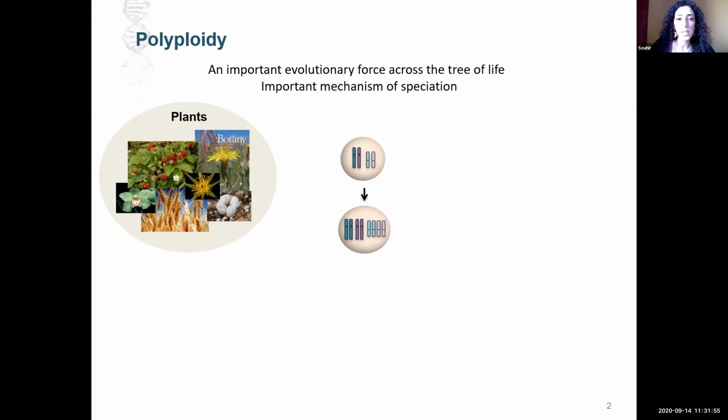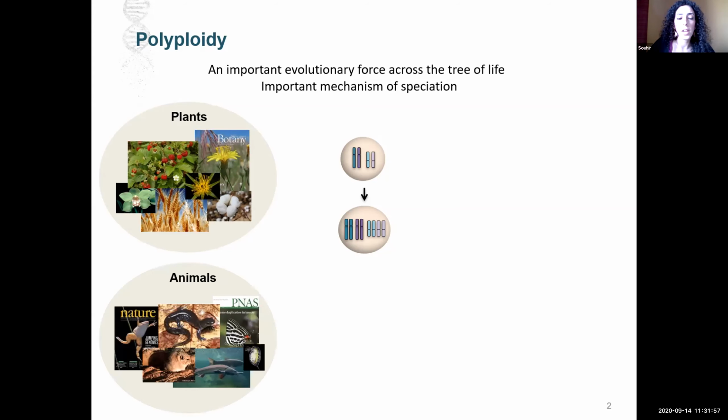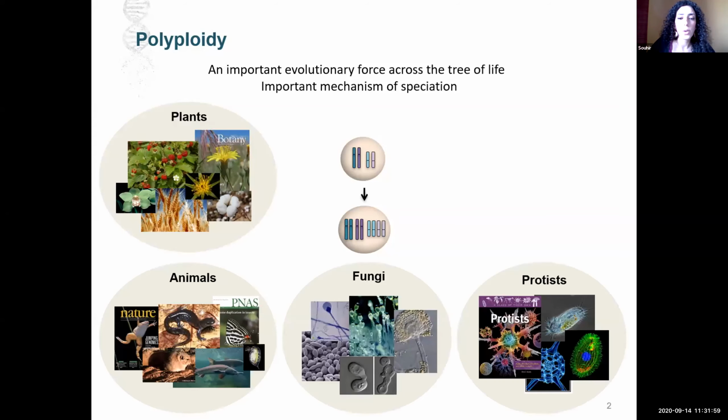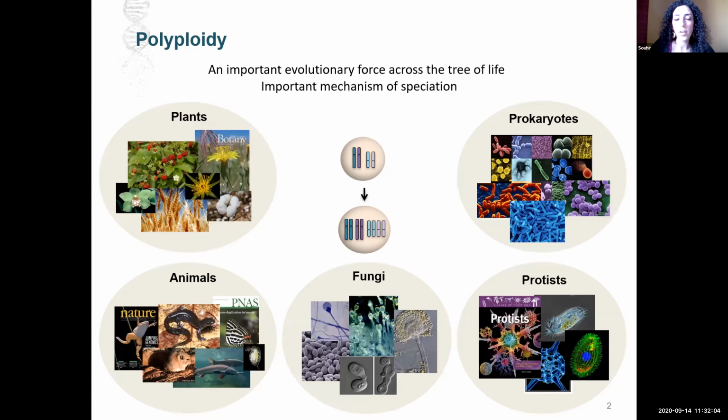Although more rarely, it occurs also in several animal groups, in fungi, and also in microorganisms such as protists, archaea and bacteria. In spite of the importance and prevalence of polyploidy, the factors contributing to polyploidization remain not well understood.